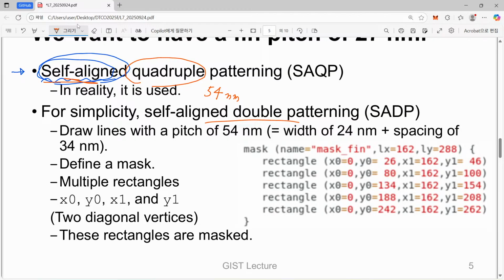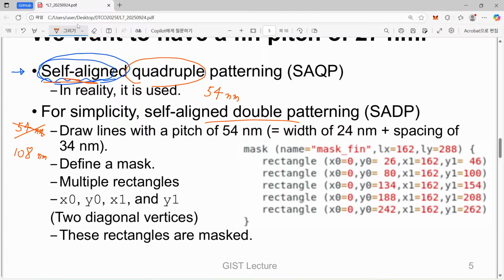We cannot do that because, as I told you before, our capability to draw a 54 nanometer pitch with DUV is not existing. Sorry. So instead, we can draw lines with a pitch of 108 nanometer quite well.